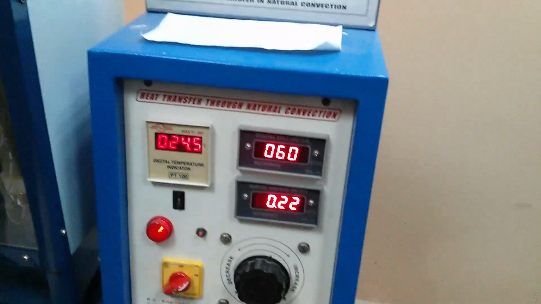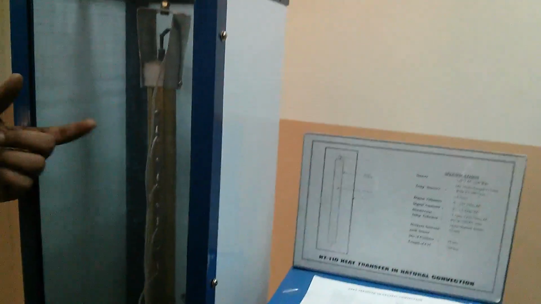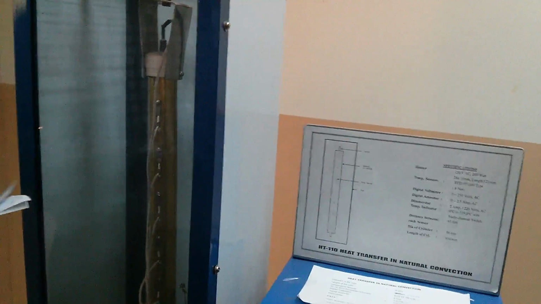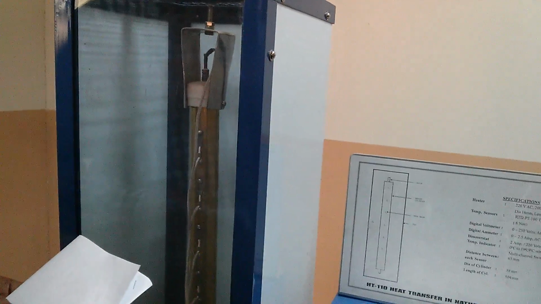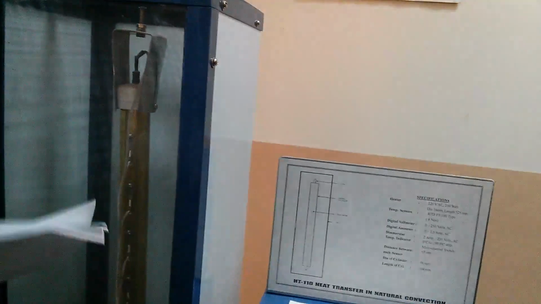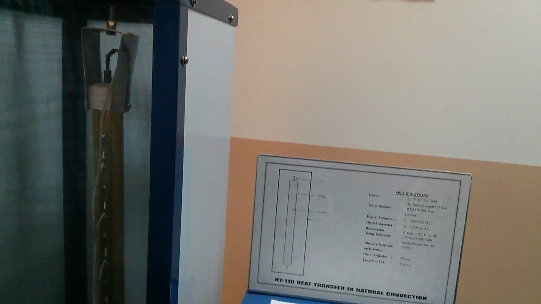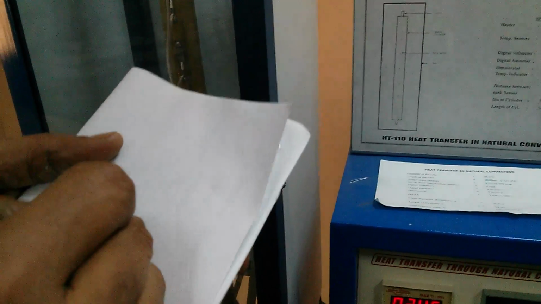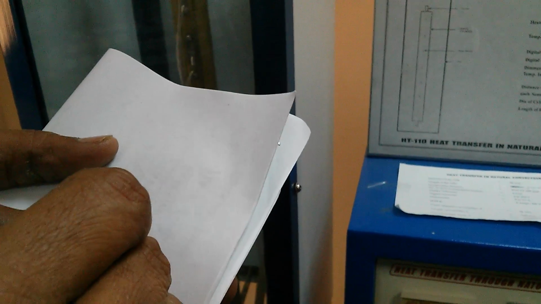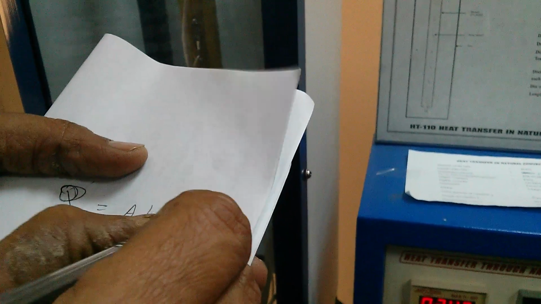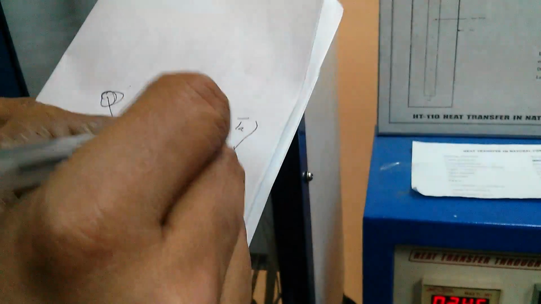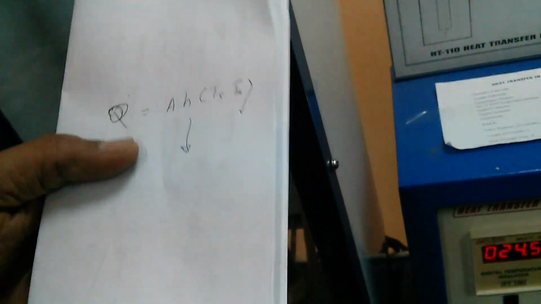Once this is done, now I need to find out the surface temperature of the cylinder. The relation used to calculate the heat transfer is Q = hA(Ts - Ta), where h is the heat transfer coefficient.